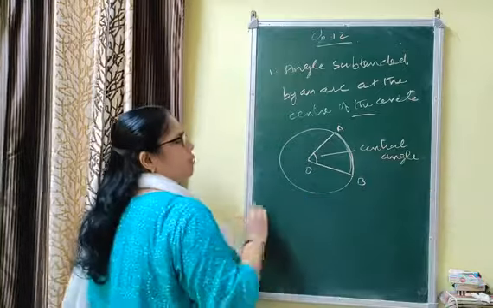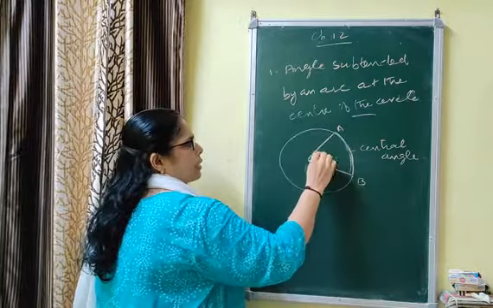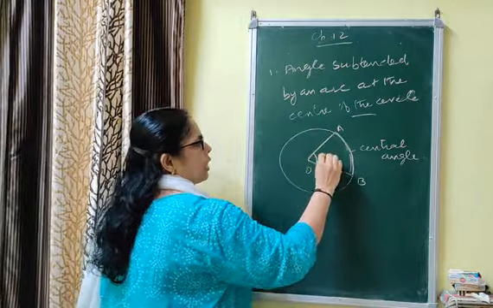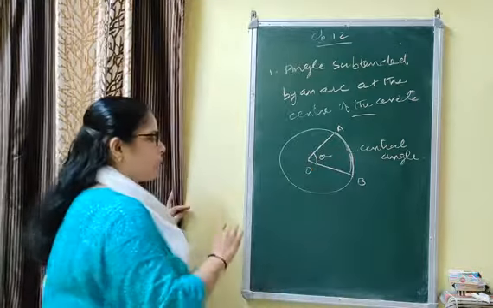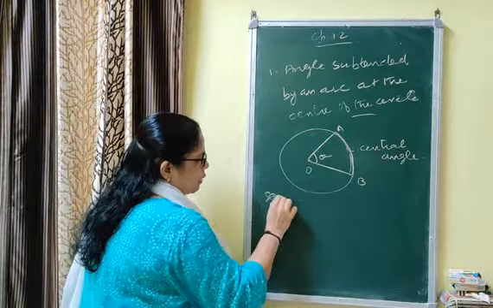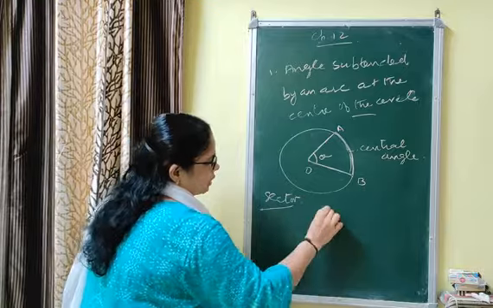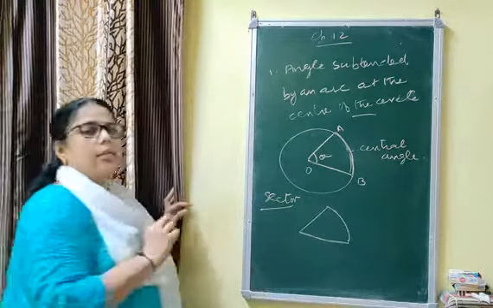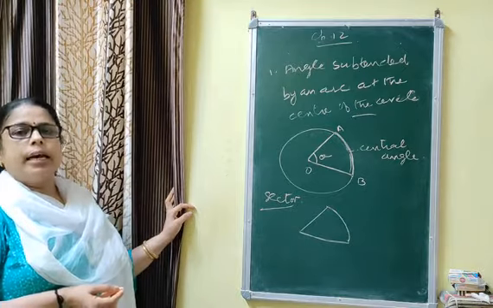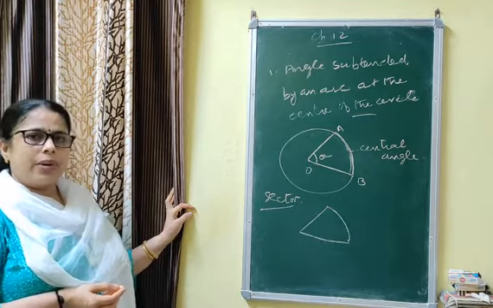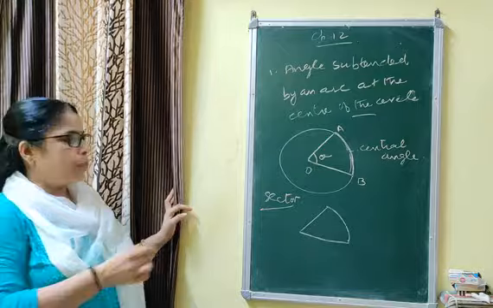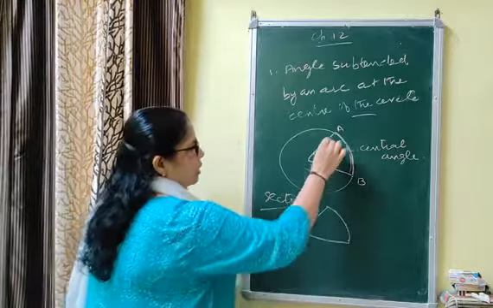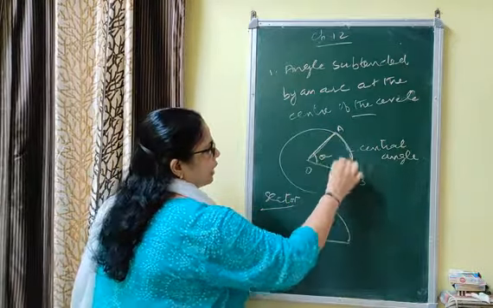Now what do you mean by sector? This angle is usually denoted as theta. Sector of a circle means this is the shape of the sector. The sector of a circle is the region bounded by an arc of a circle as well as the two radii joining the endpoints of the arc.